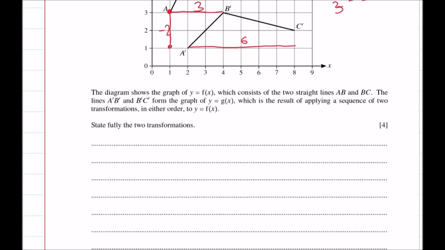I am writing here translation by vector 0 minus 2. There is no horizontal translation, so that part is 0.